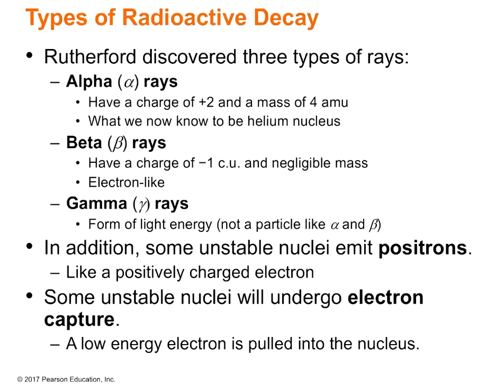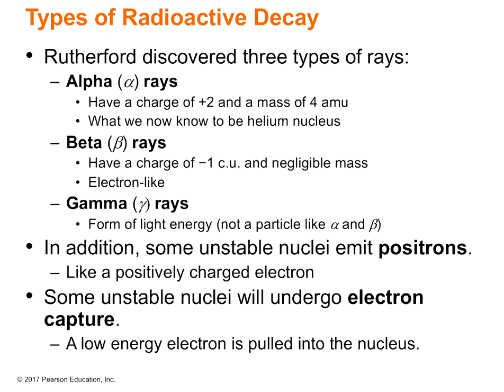So let's talk about why radium and other elements that are radioactive are so dangerous. So Rutherford, you might remember him from the very beginning of our chemistry course. He discovered 3 types of rays. He discovered alpha rays, beta rays, and gamma rays. And you can see that they're each given a little Greek symbol.